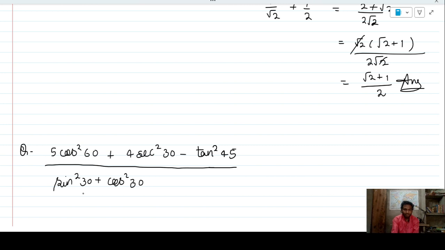The value of this function is equal to 1 because sin square theta plus cos square theta equals 1. In the previous video, we discussed the identities of trigonometry.